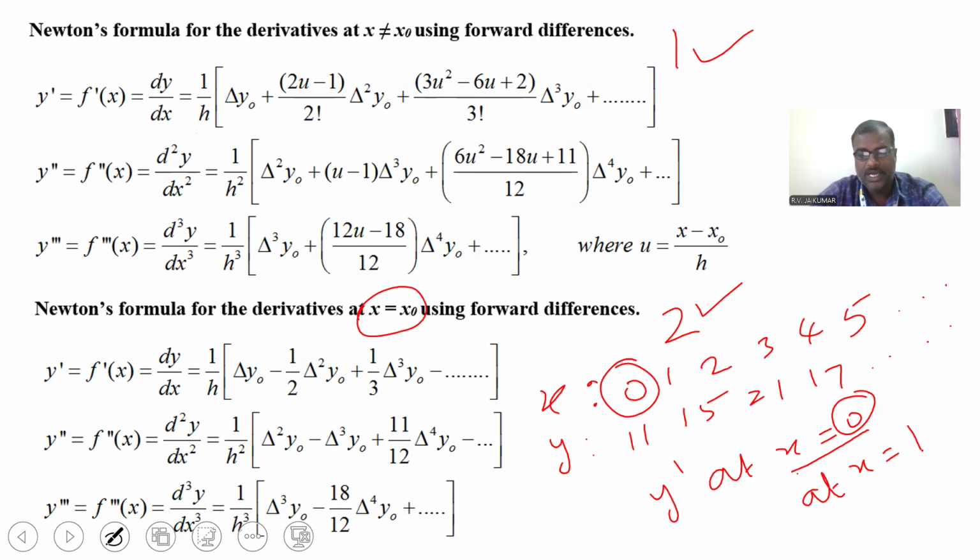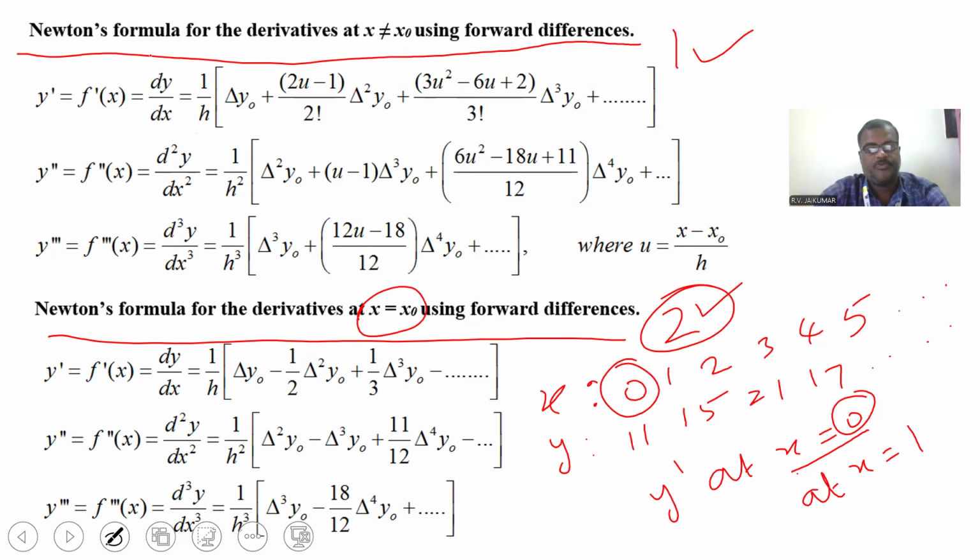When the value of x is exactly x naught, use the second formula. When x is not equal to x naught but nearer to x naught, then you can use the first formula. This is the important thing for the given formulas. If you choose the wrong formula, you will get the wrong answer. You have to choose the proper formula for the proper question.